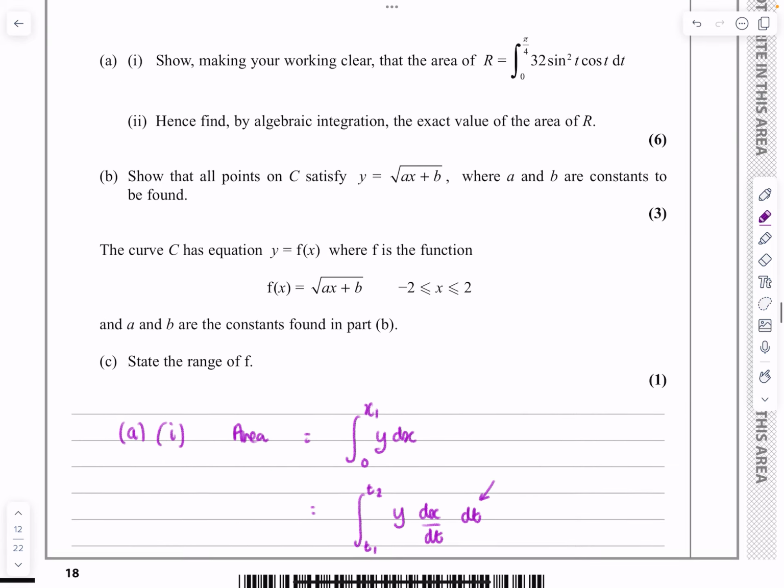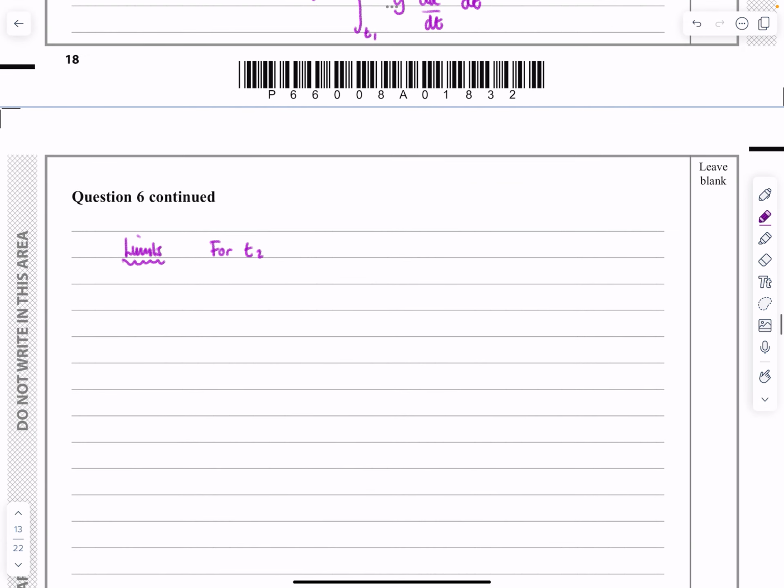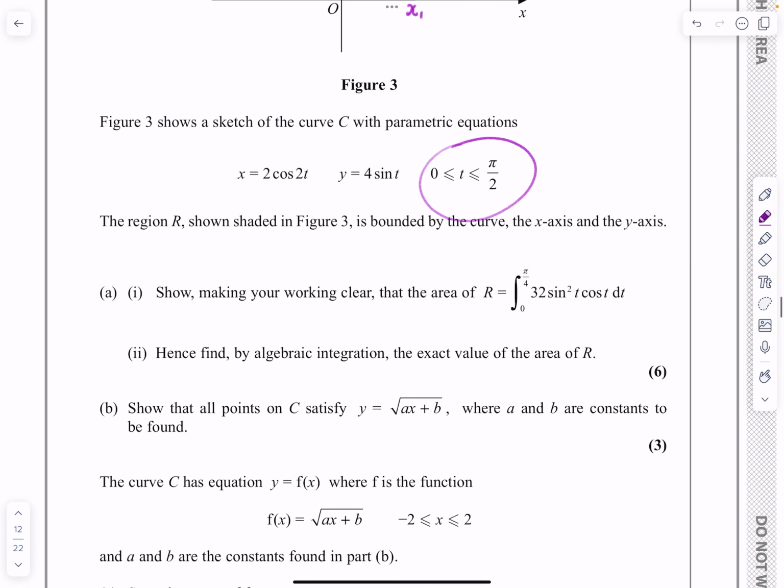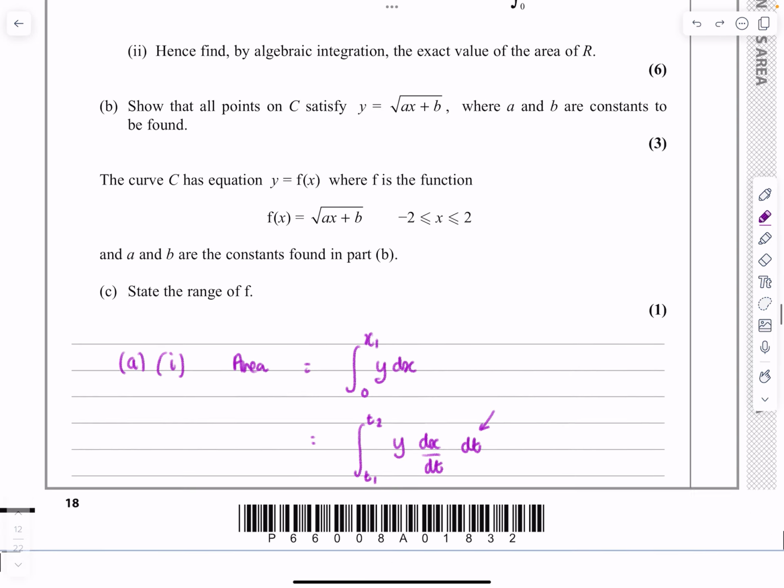Okay, so because I've got x and y parametrically defined, that's the most sensible thing to do. For t2, y is going to be equal to 0, and remember y is 4 sine t. So I'm going to get 4 sine t equals 0, which gives me sine t equals 0, which gives me that t is just equal to 0. Remember, we've got t being between 0 and pi over 2 there.